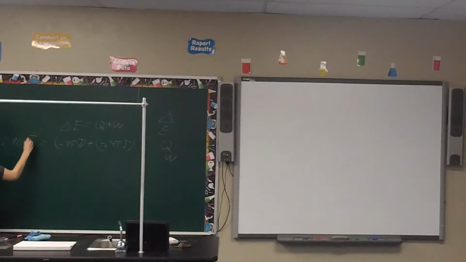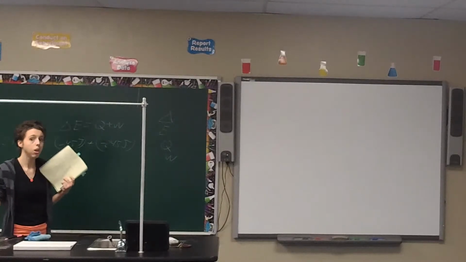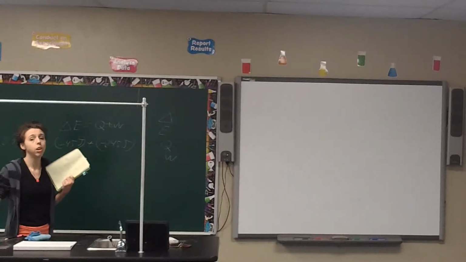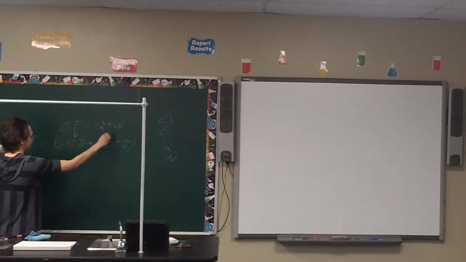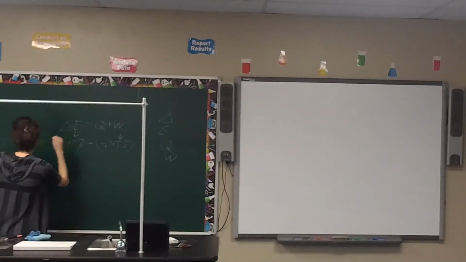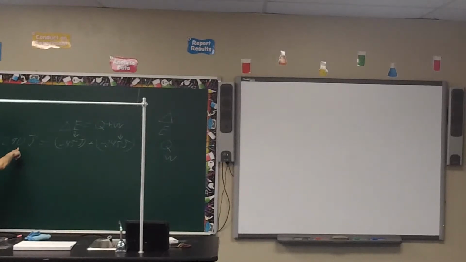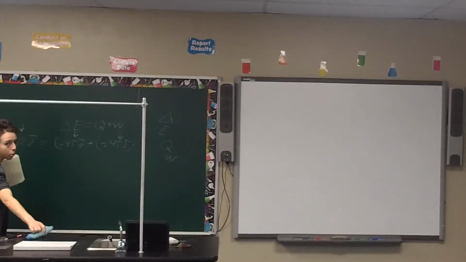Don't forget your units, joules. Can I leave it just like this, where it says 290, no decimal point? No, why? Remember this is addition and subtraction, so since this one ends in the 1's spot, and this one ends in the 1's spot, the answer has to end in the 1's spot as well. So I have to put a decimal point, otherwise it doesn't count.